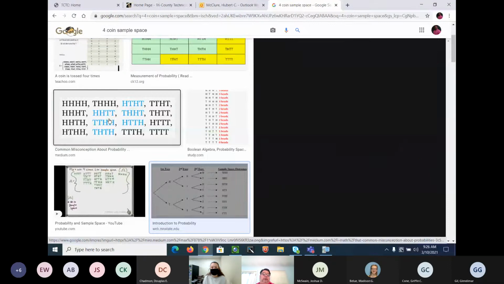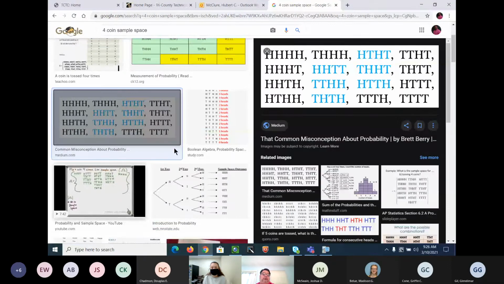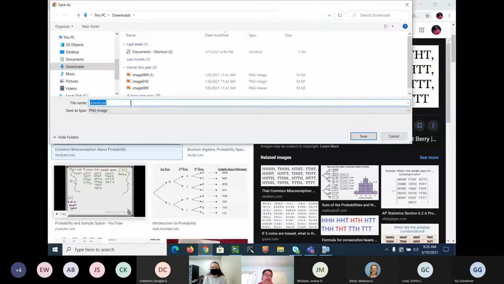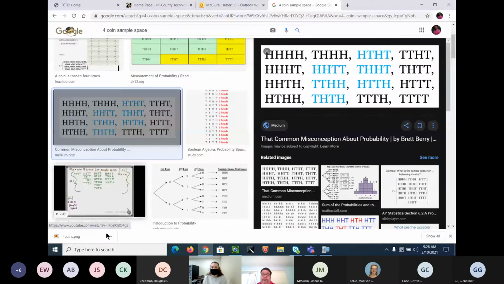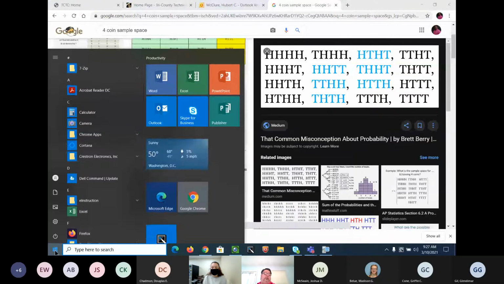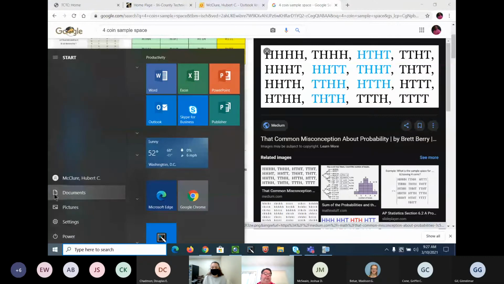Right click, save image. It's a lot of work. 4 coins. Oh, I can't spell. C-O-I-N-S. I shouldn't be doing this. I should make y'all do it, but since I know there's only 2 people that's going to print it out, I'll do it for you. Now go back to the Word document. Let me go back to my Word document. Documents.